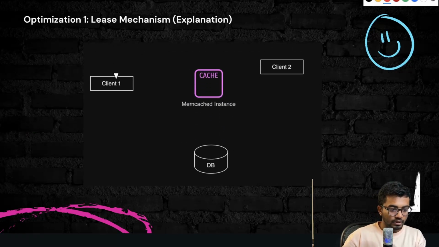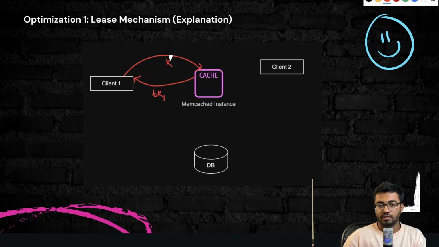Okay, still confused? Let's talk through the diagram. Let's say client 1 asked for a key k to this cache, right? Let's say this is a Memcache instance or a Memcache server. There was a cache miss, so it gave a token tk1, which is a function of the key. Then the client goes forward and connects to the database to get the value of k.